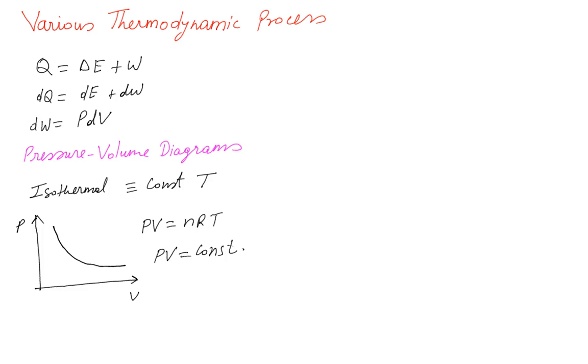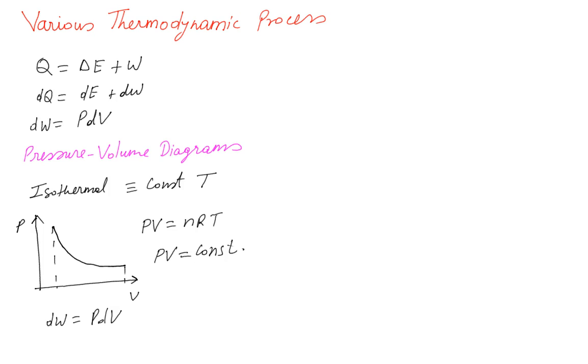Moreover, let's also calculate the work done by an isothermal system, and we can do that by simply using this PV diagram. So we know that the work done, dW, is PdV.